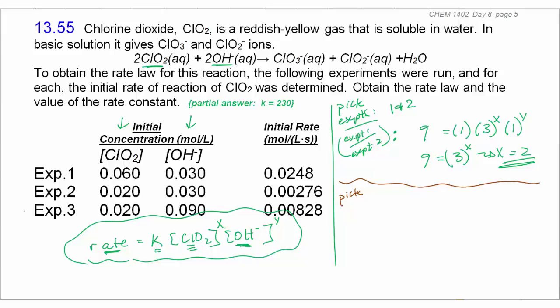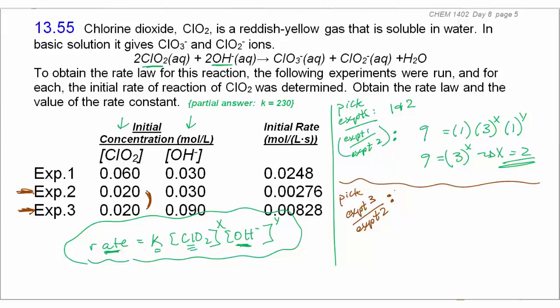Let's pick experiment 2 and 3, because look, the chlorine dioxide didn't change then. And let's divide experiment which one by which one? Divide experiment 3 by experiment 2, because 3 has bigger numbers.